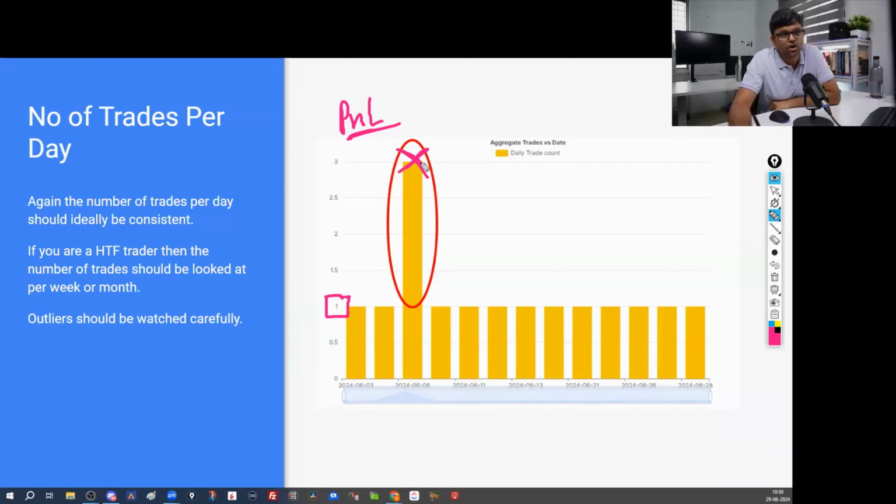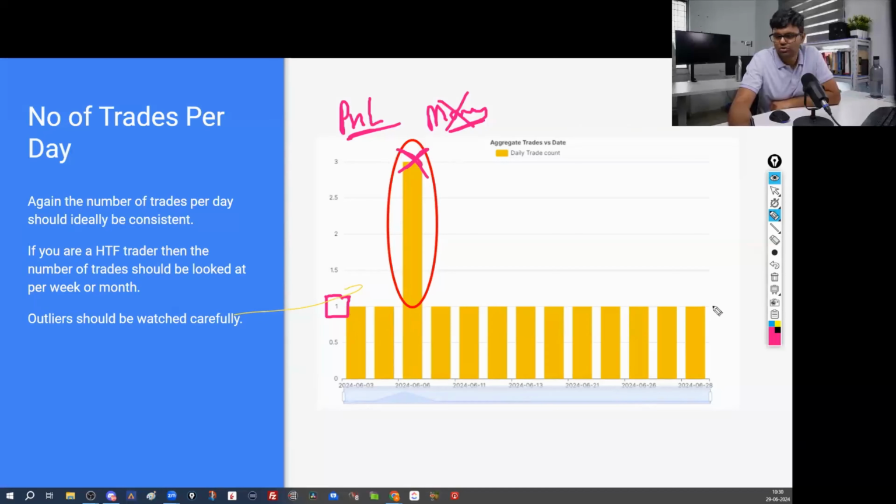This does not match with my trading system. Even if I make money on this day, I'm not really happy. Why? Because this behavior is going to cause problems in the long run. If I have consistent behavior, it is going to be a game changer for me.